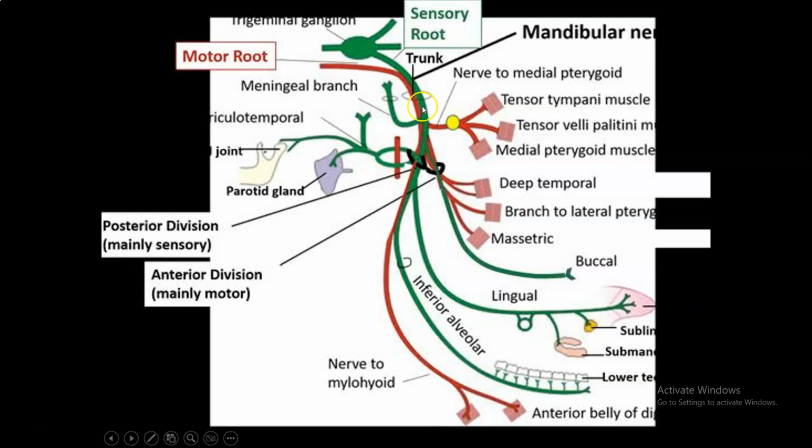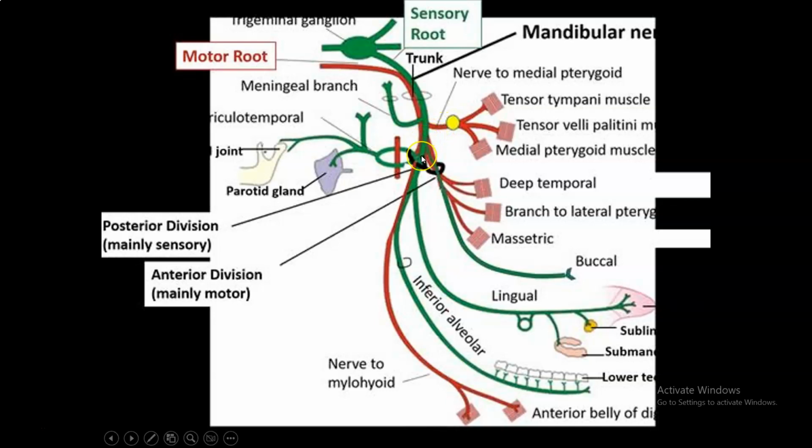The main trunk gives muscular branches and a sensory branch. What is the sensory branch? It is the meningeal branch supplying the dura of the middle fossa. The muscular branches are to the tensor tympani, tensor palatini, and the medial pterygoid muscle. So the medial pterygoid is supplied by a branch from the main stem.